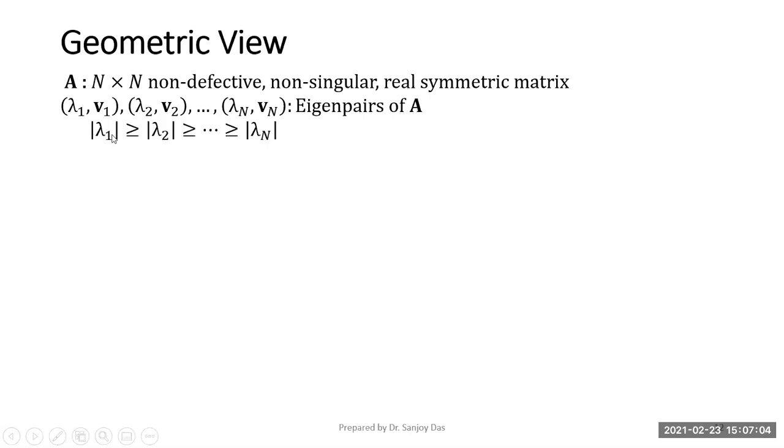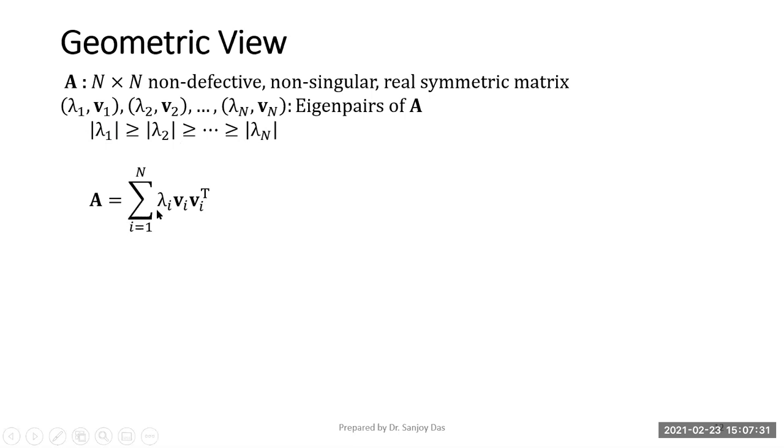And we index the eigenvalues and eigenvectors such that the numerically highest eigenvalue is lambda 1. Positive or negative, we don't care. Numerically, the largest one is lambda 1, and then lambda 2, and then lambda 3, and so on, lambda n.